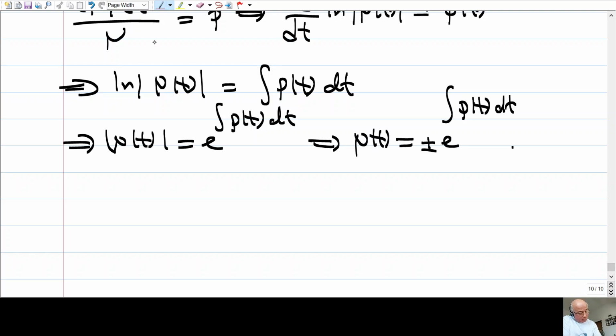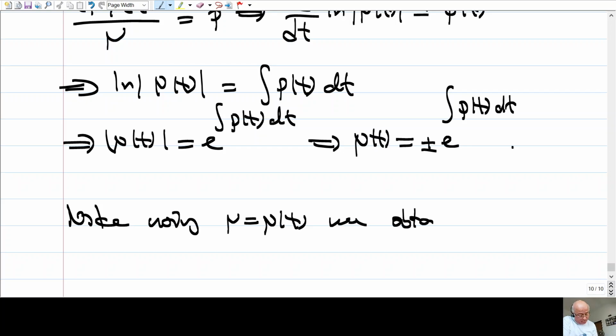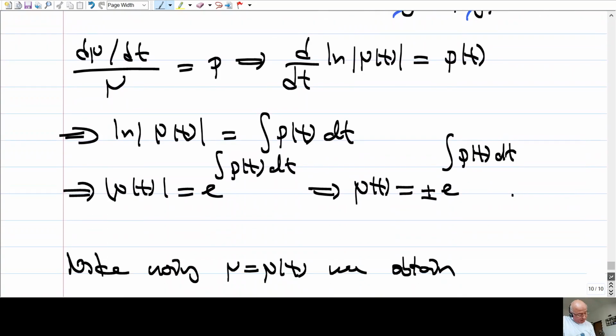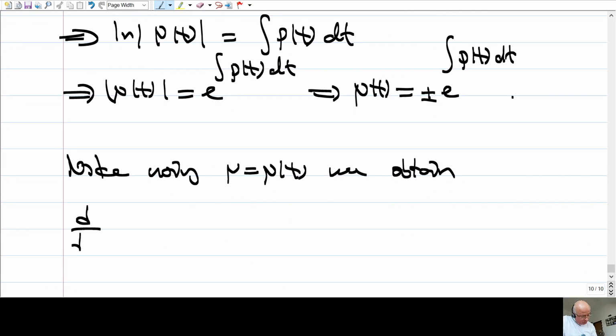So note that using mu equals mu(t), we obtain this equation. My equation becomes d over dt of mu times y equals mu times q, right?